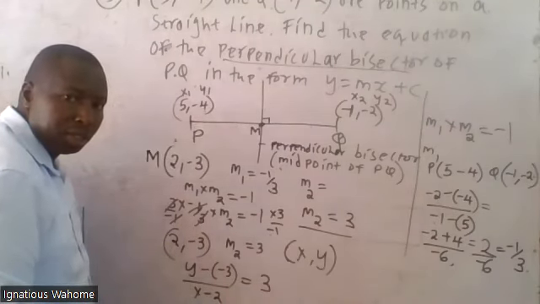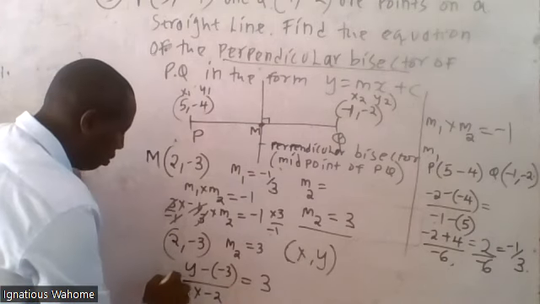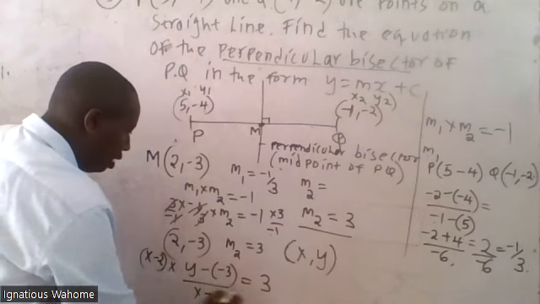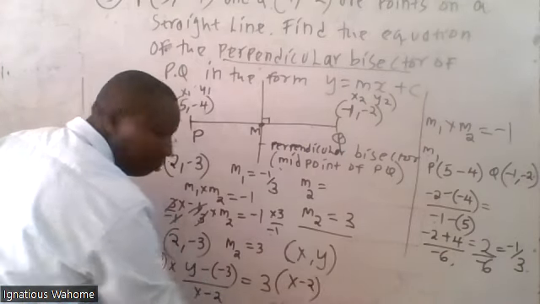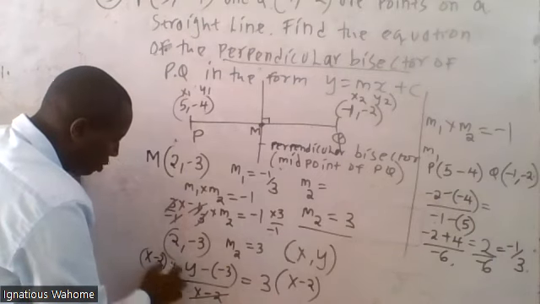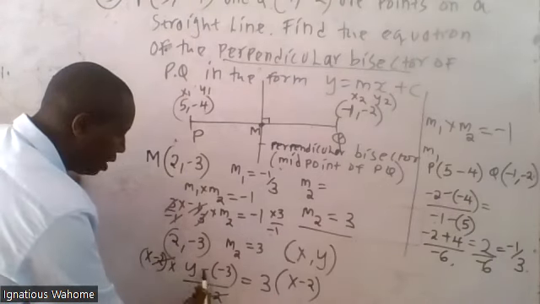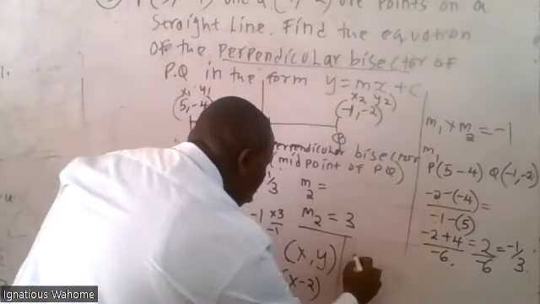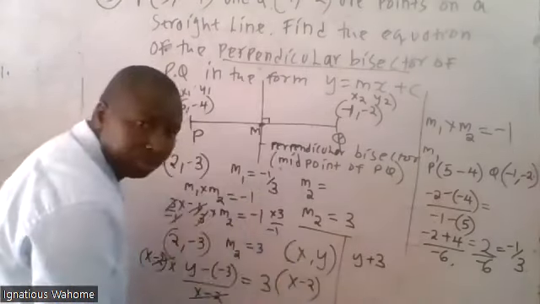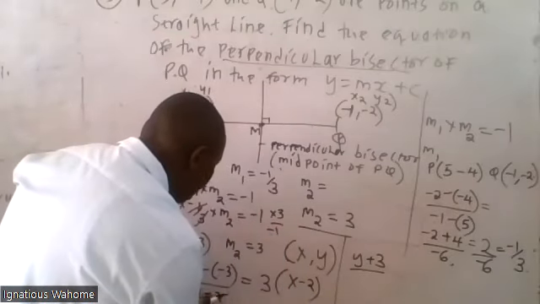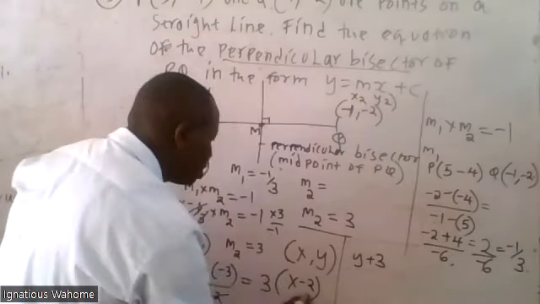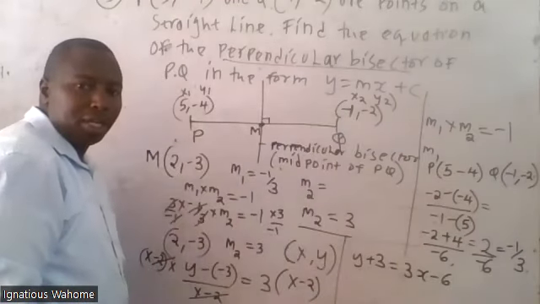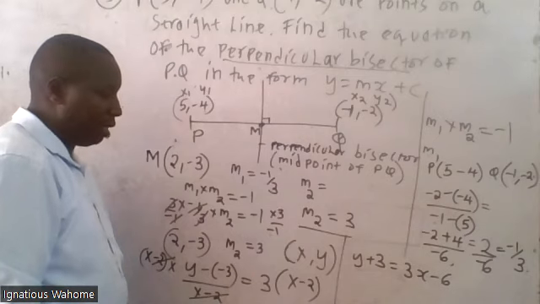Multiply both sides by (x minus 2), so this cancels. You get y plus 3 is equal to 3x minus 6.